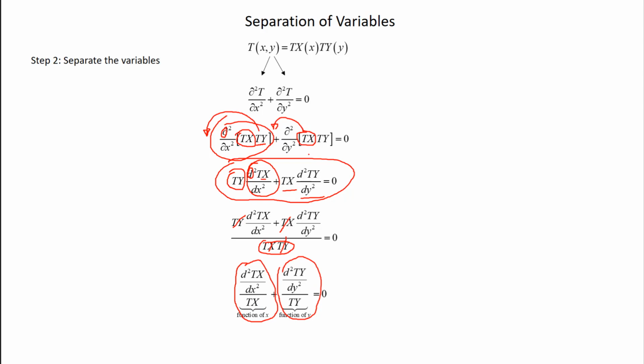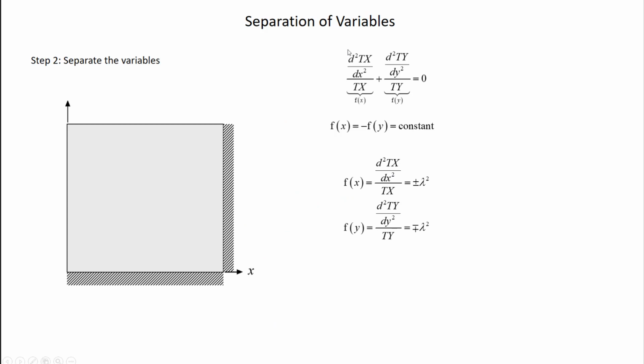So what I've done here is I've shown that if I make this substitution, I end up with something that's only a function of x, right? Everything in here is only a function of x, plus something that's only a function of y has to equal 0, right? So let's think about what that means for these 2 functions. So if you think about the fact that this expression here has to be satisfied everywhere inside of this computational domain, right?